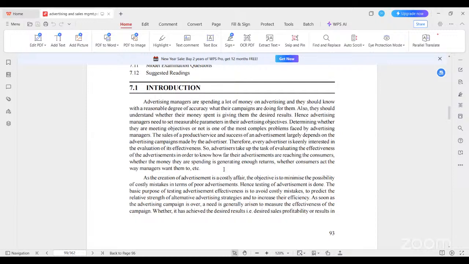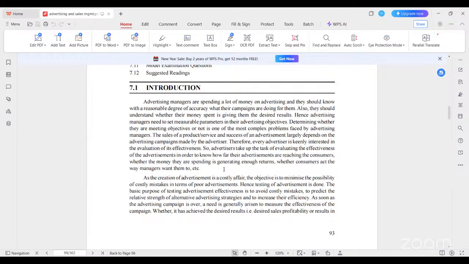It will predict the relative strength of alternative advertising strategies.